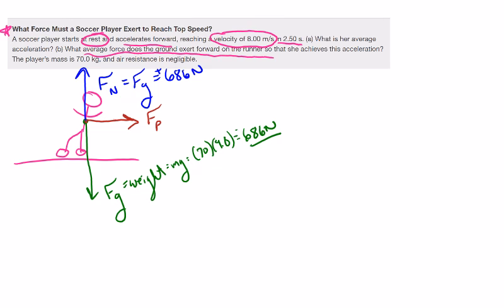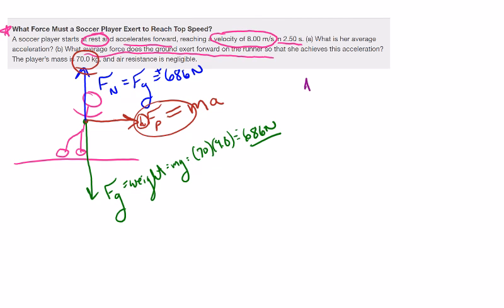That's the only force. This is what we're going to be after in part B. We're going to try to find that force pushing her forward. But to do that, I basically need the mass of her, which I have, 70 kilograms, and I need to multiply by the acceleration, but I don't know her acceleration. So that's where the other part of this problem pops in.